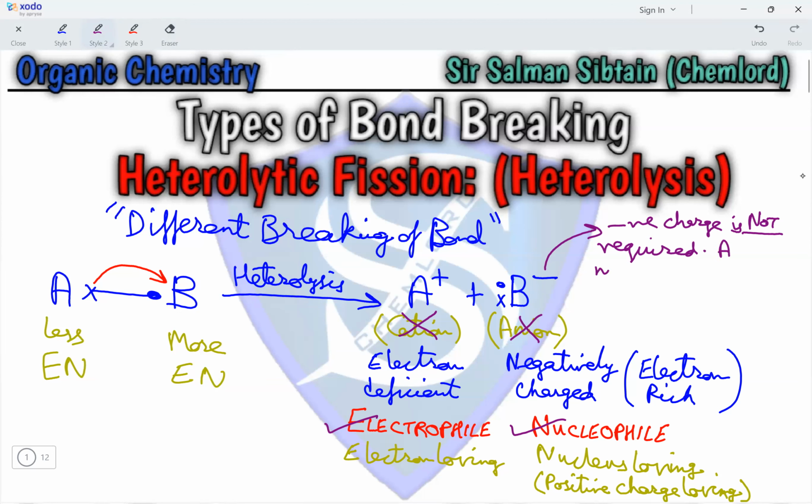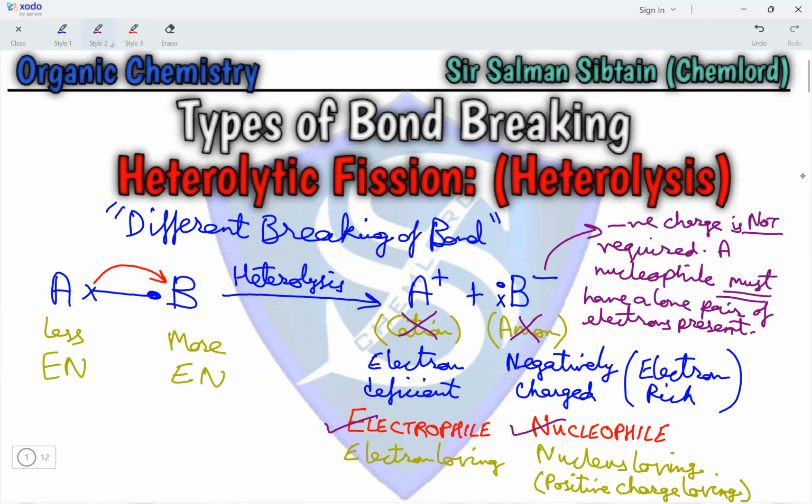A nucleophile must have a lone pair of electrons present, and that is how you can classify a molecule also as a nucleophile.